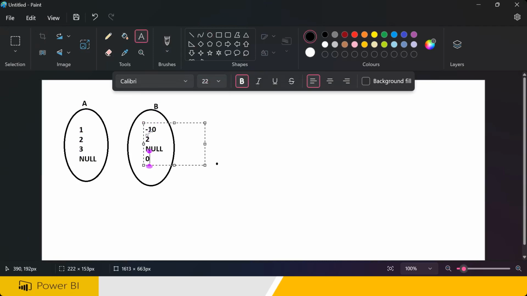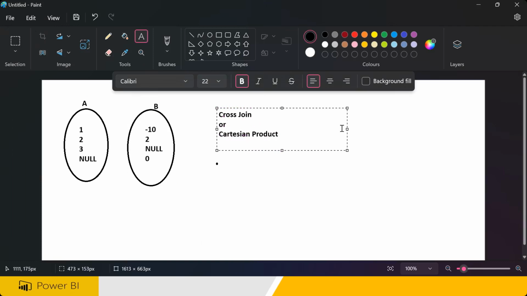This is my data. I have 4 rows here and 4 rows there. I want to talk about cross join, which is also called a Cartesian product.